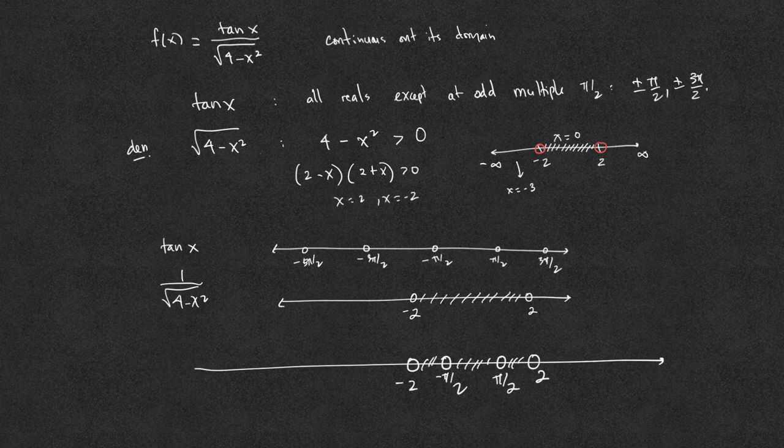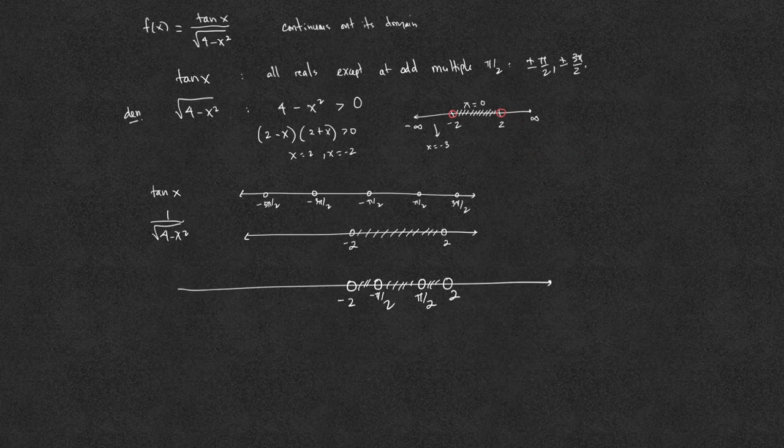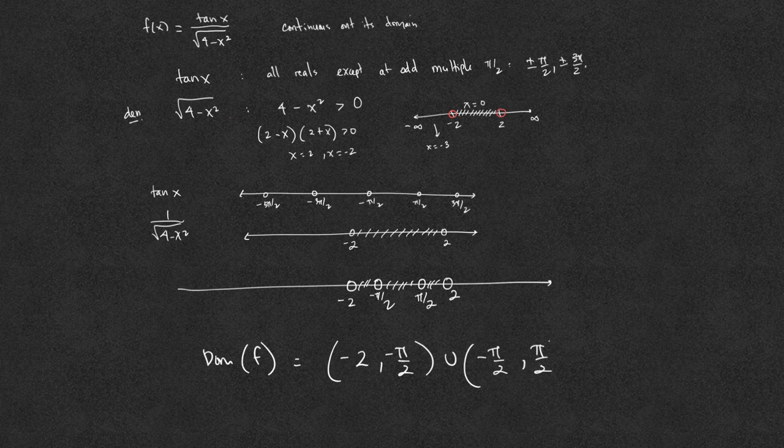Thus, the domain of the function f is negative 2 to negative pi over 2, union with negative pi over 2 to pi over 2, union with pi over 2 to 2. The function f of x is continuous on this domain.